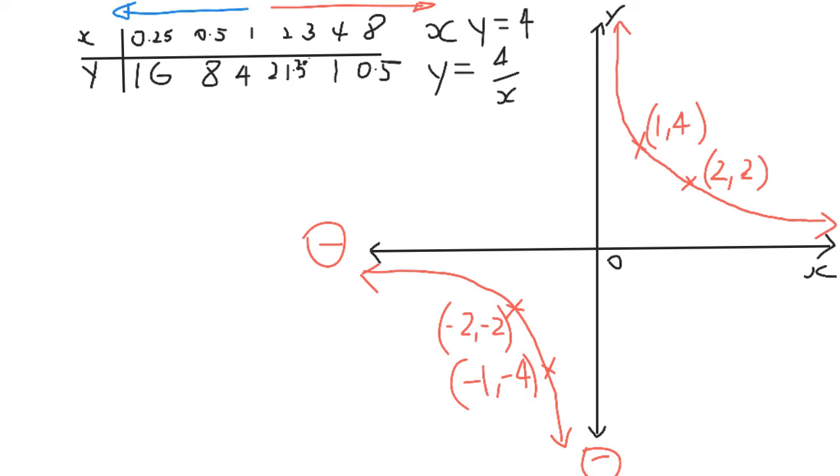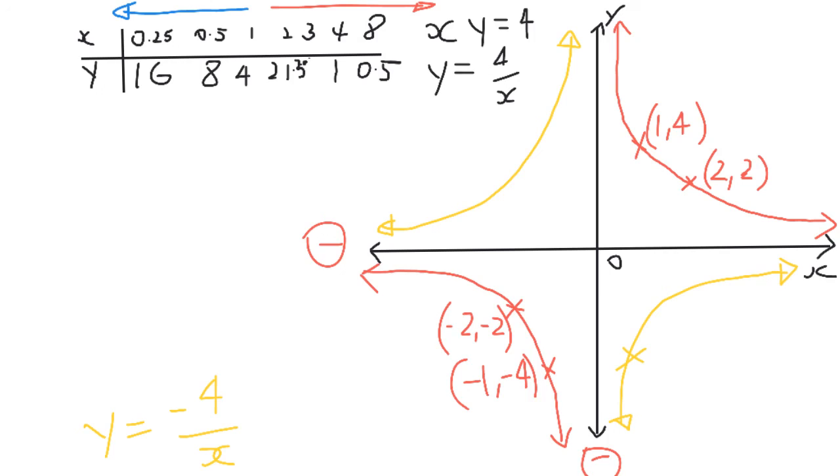Now I'm going to just change things up a little bit, and I'm going to go see what it would look like if I graphed y equals -4 over x. It's actually exactly the same set of numbers, except it's in this quadrant, and it's in this quadrant. And what we would have, these points are symmetrical.